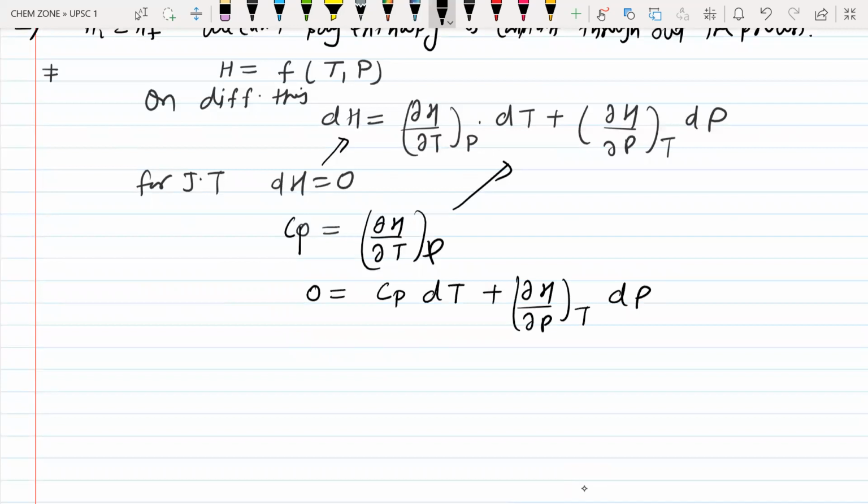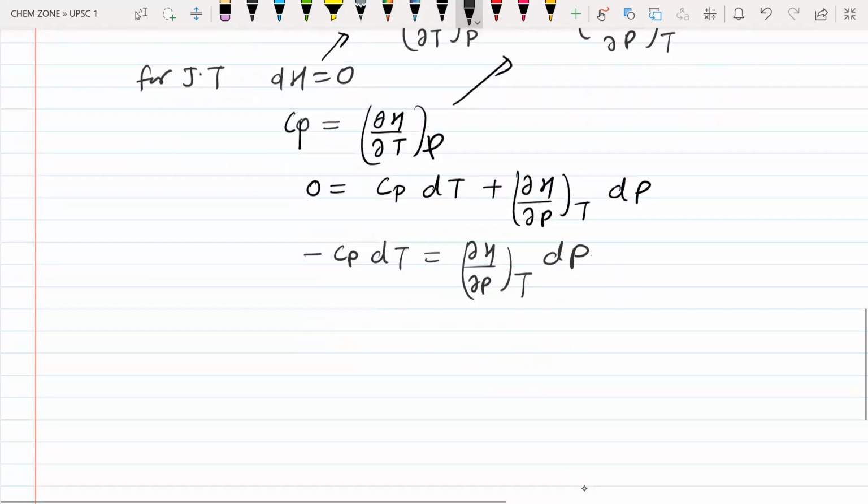We just put these values in the above equation and separate the variable. We can write as minus Cp dT is equal to del H by del P at constant T into dP.